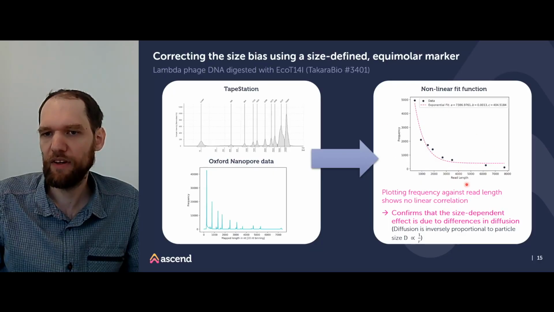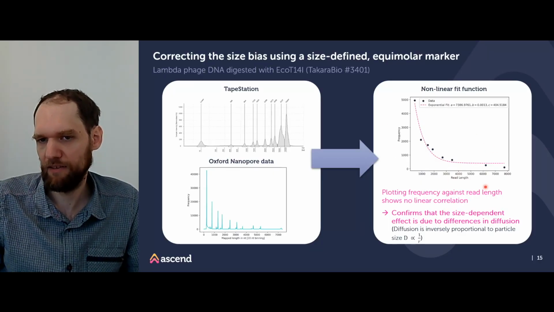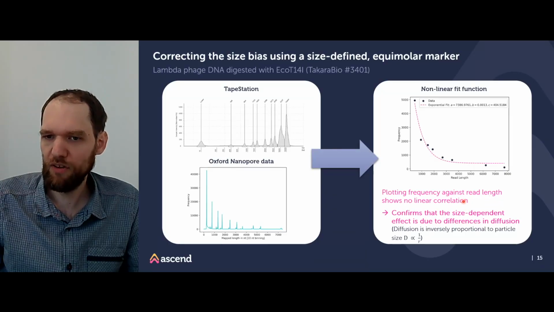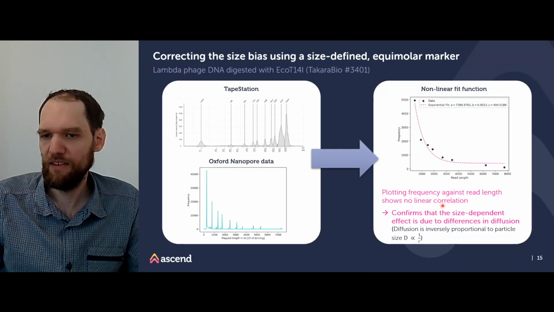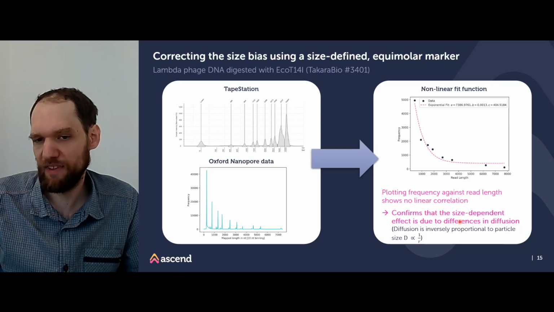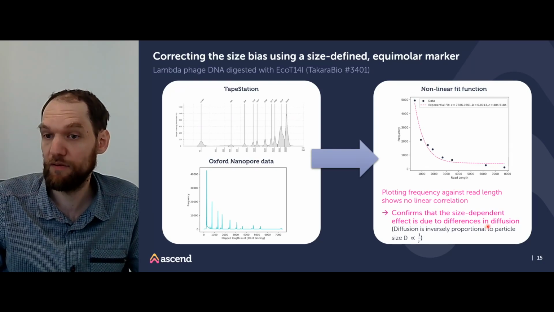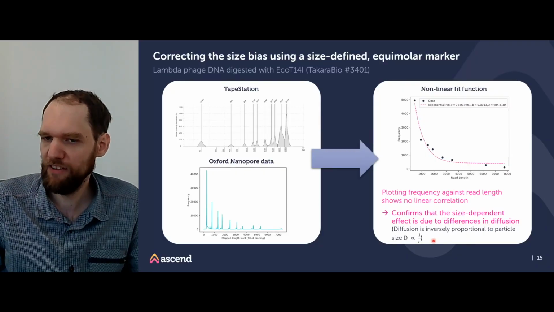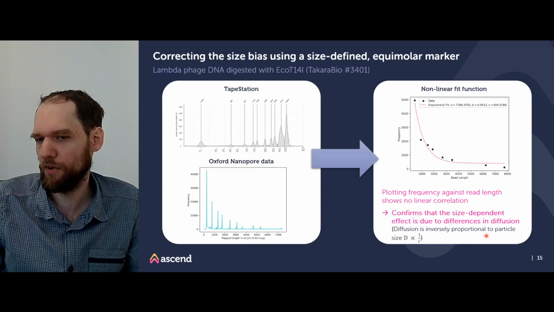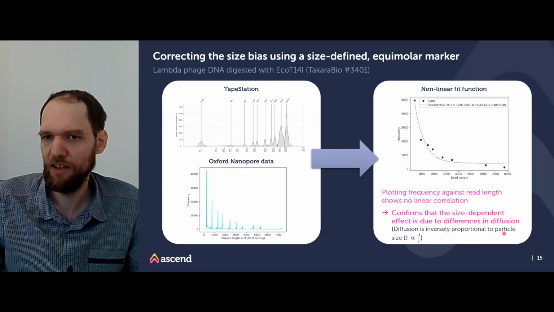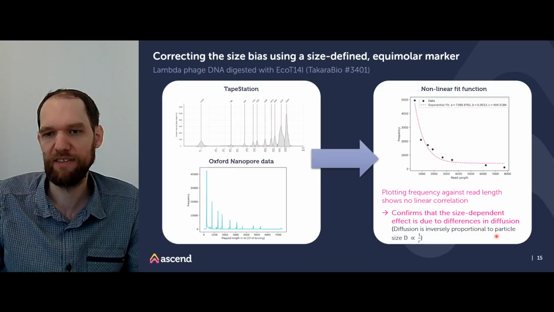And this fitting function we can then use to correct our data. An important note is that this function is not linear, which somehow confirms that we really have this size-dependent effect due to the differences in diffusion. Because after the Stokes-Einstein law, the diffusion speed is inversely proportional to the particle size or the hydrodynamic radius, which in our case is more or less the DNA length.